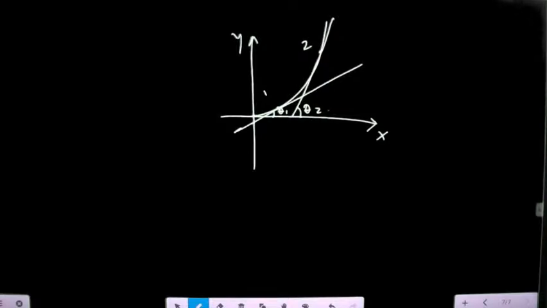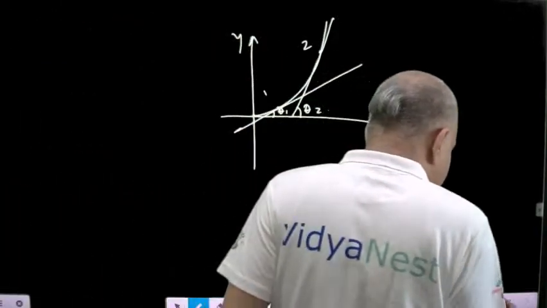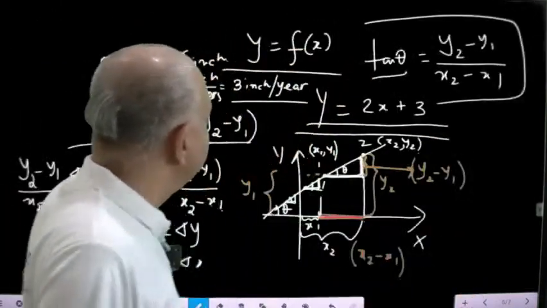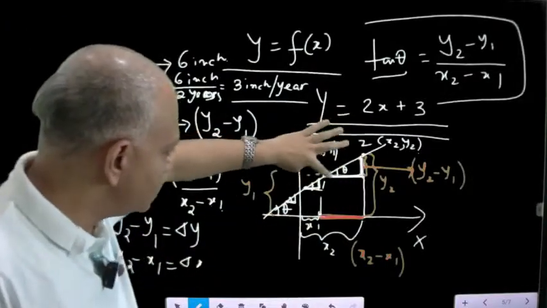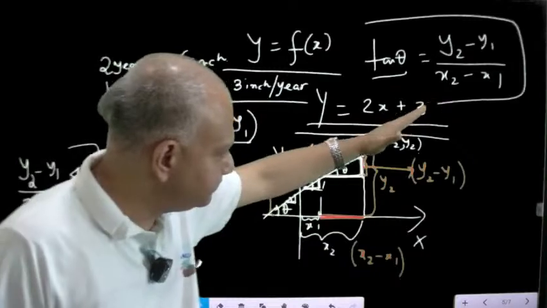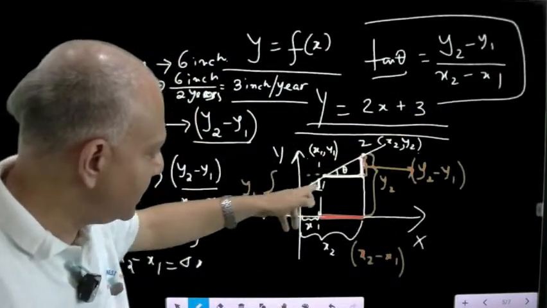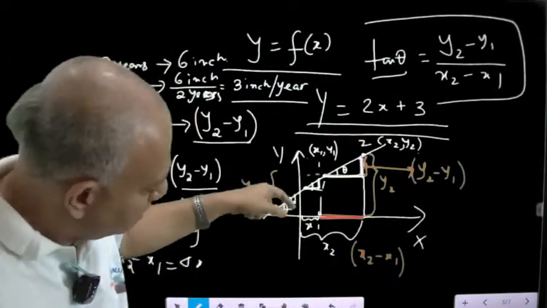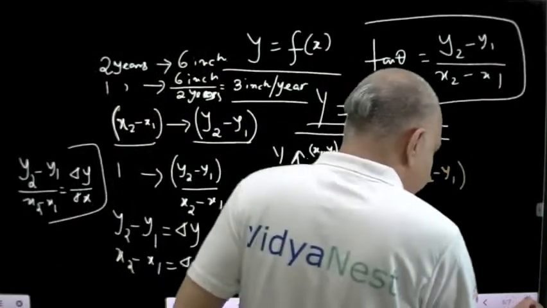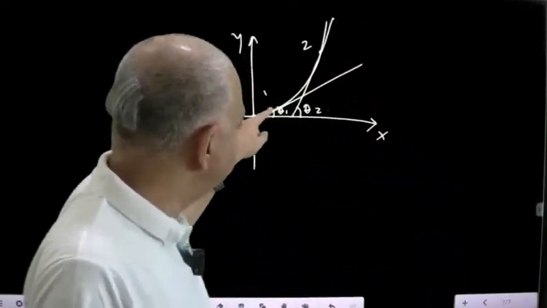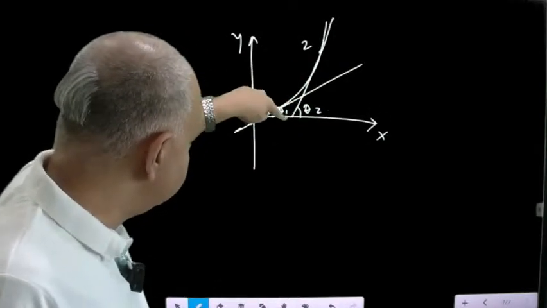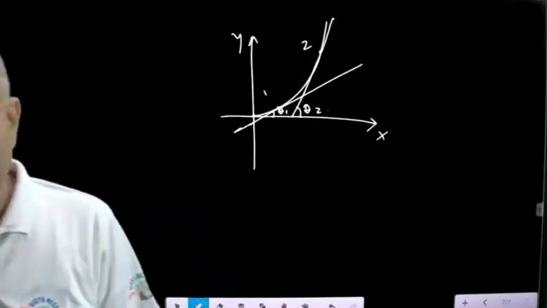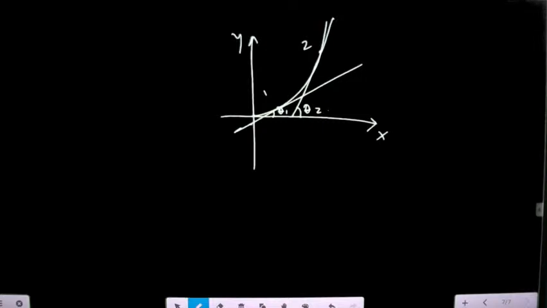In the previous case, the straight line case, the slope was constant. The slope was fixed at each and every point on the graph, because it was a straight linear graph. But here the slope is not fixed. Here the slope is something, here the slope is another something. In this way, variable slopes exist.